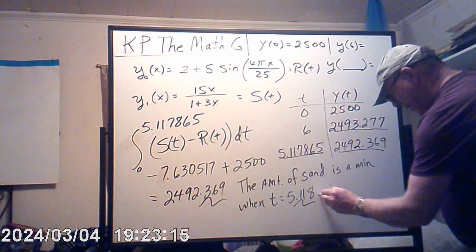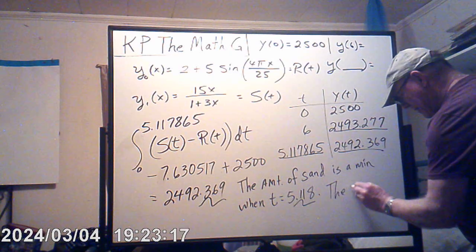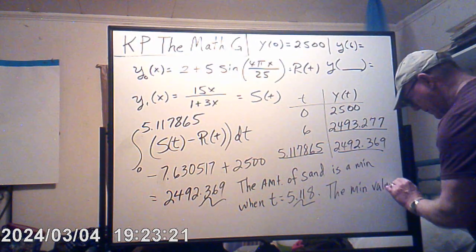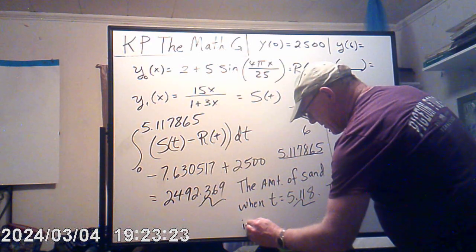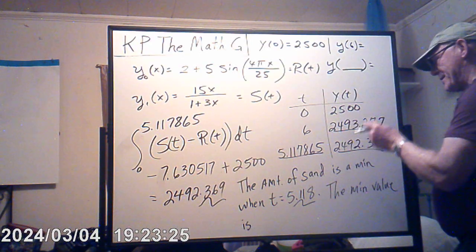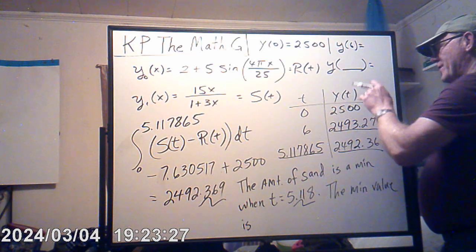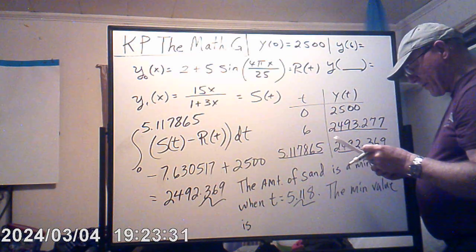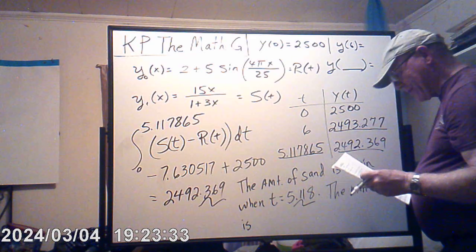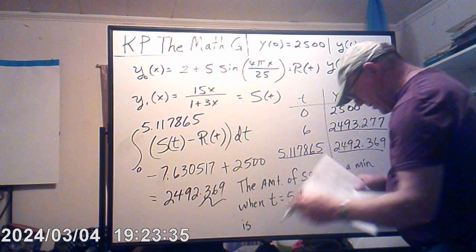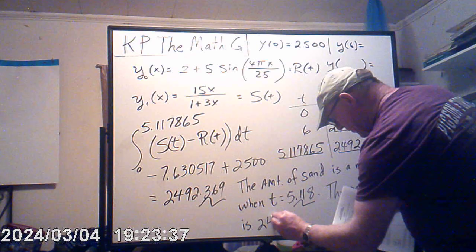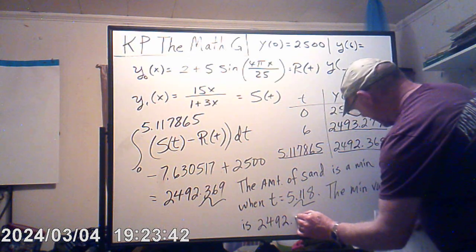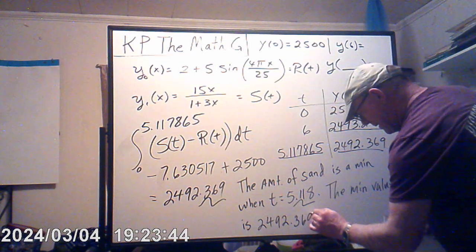The min value, and this is probably going to be the amount of sand in, oh, what are the units? Cubic yards, okay, is 2,492.369.